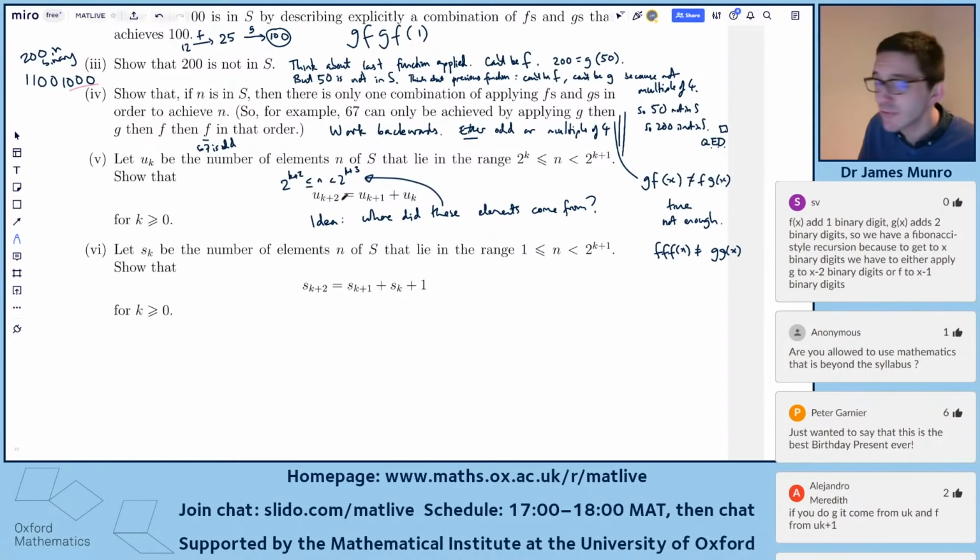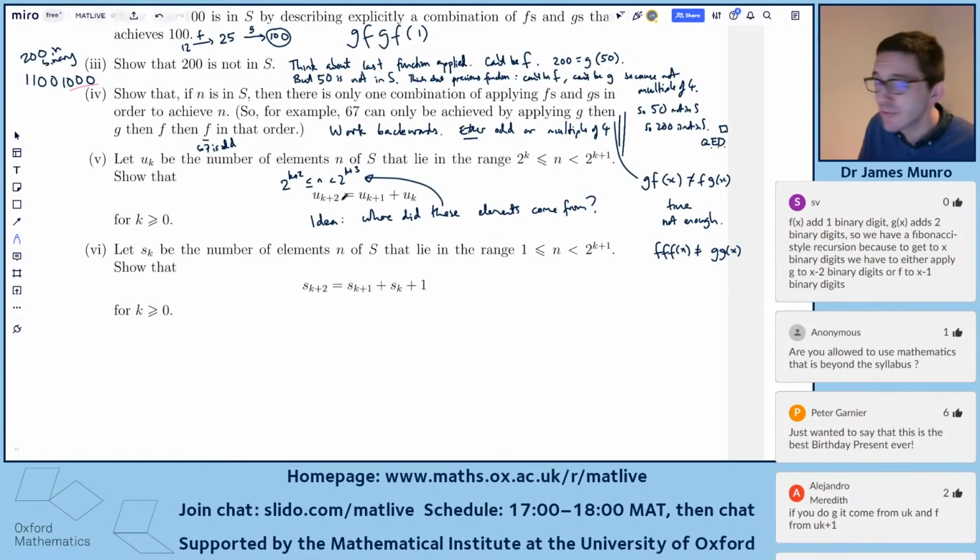Cool. I don't really get part 6. I'll help you out. So the left-hand side, this s_{k+2}, means all of the elements up to 2^{k+2} minus 1.